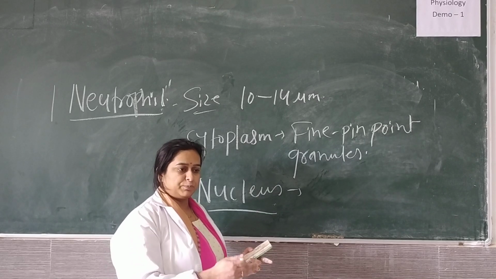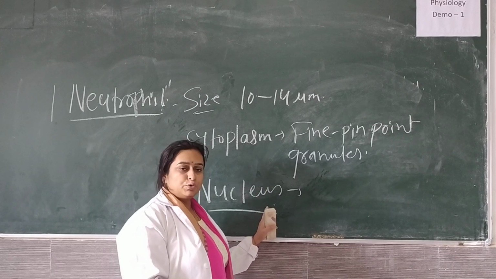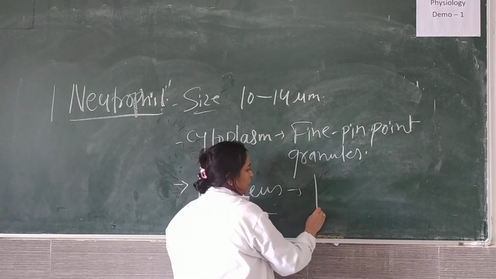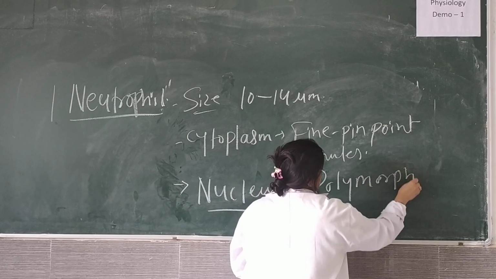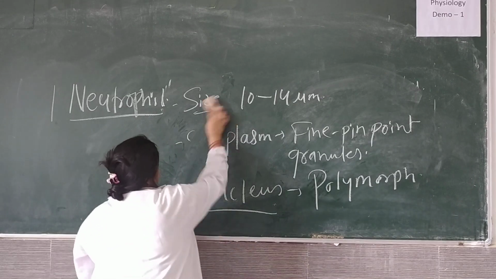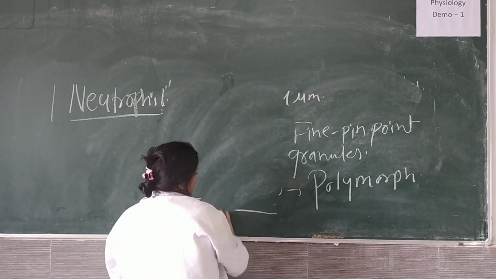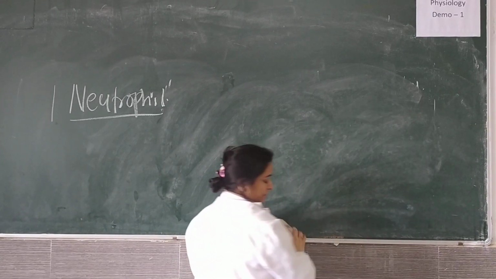It can be up to many lobes, up to 5 or 6 lobes. So neutrophils are also called polymorph cells. Now, diagrammatically, I will show how, after staining under the microscope, we can differentiate neutrophils from other cells.